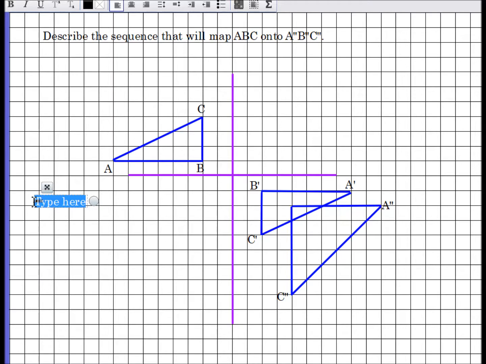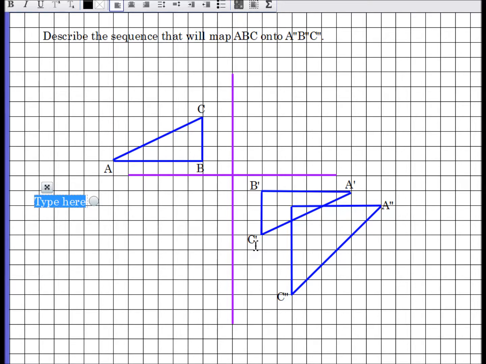And I don't know if you notice what happens when you move from triangle ABC to triangle A prime, B prime, C prime. Can you tell what happens without the patty paper? If you can tell what happens without the patty paper or the transparency paper, good.